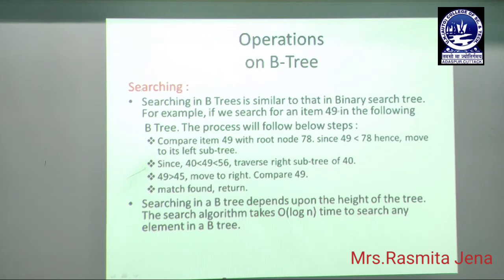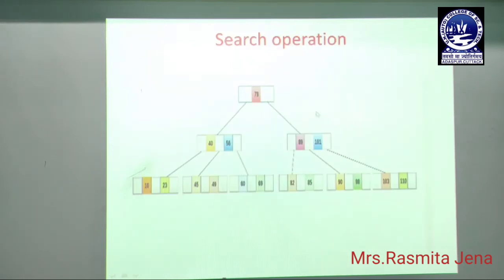Searching in a B tree is similar to a binary search tree. In a B tree the nodes are arranged in ascending order, so the searching process is similar to a binary search tree. For example, we search for the item 49 in this tree. In the first step we compare 49 with the root node 78.